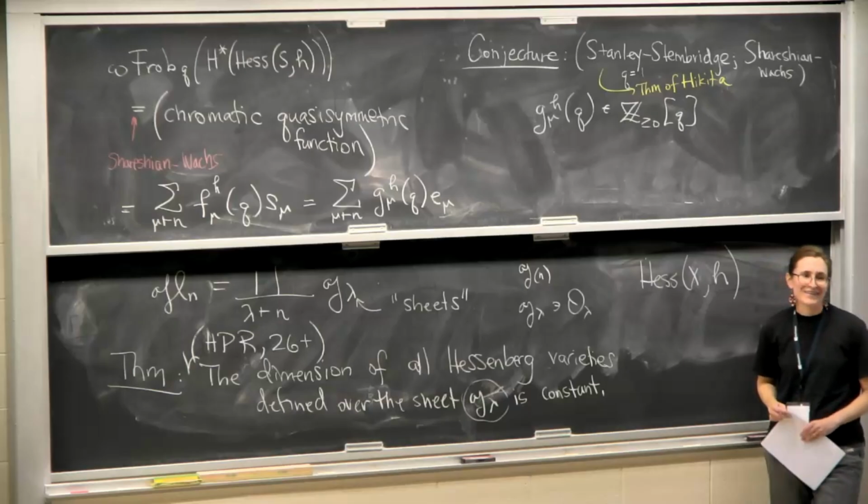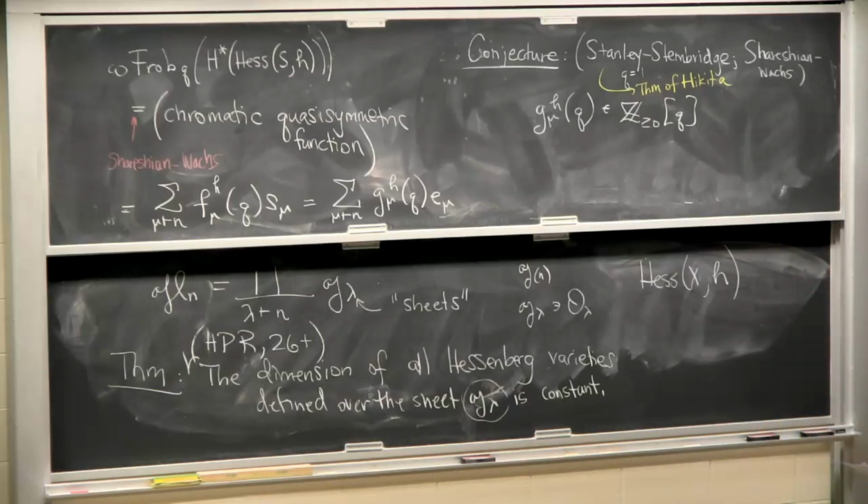Is the assertion of your theorem false for other types? Probably not, but it needs a more precise formulation. Sheets are general. First of all, I haven't fully thought about it, and I think there's a version of the statement in all types.